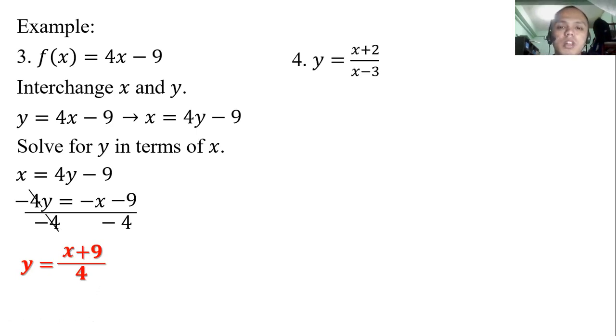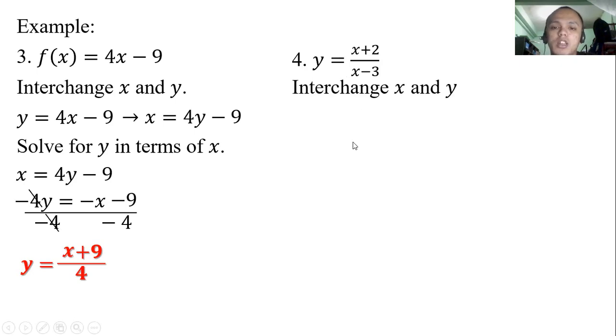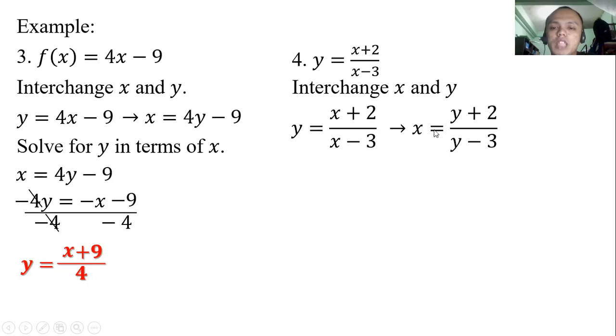Okay? What about this one? Y equal to x plus 2 over by x minus 3. So this one is an example of rational algebraic expression or rational function. Now, how can we get the inverse of y equal to x plus 2 over by x minus 3? Again, interchange x and y muna. So we have x equal to y plus 2 over by y minus 3 na.